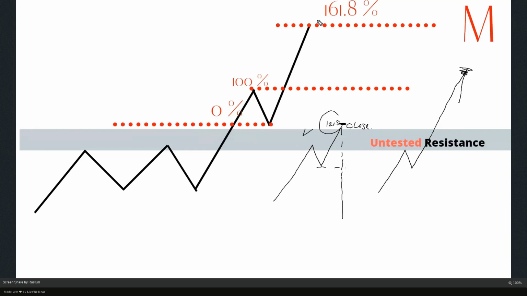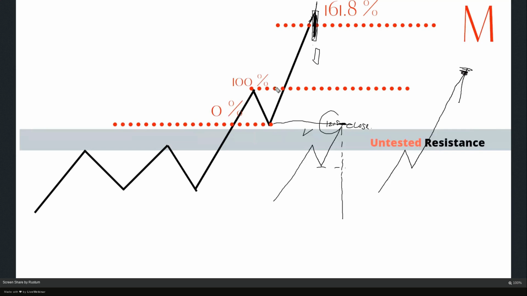And then the furthest that the second wave here can go is a 161.8. It fails to follow through here. There can be a wick up there, and then a massive candle coming down, and then you can take your entry here.